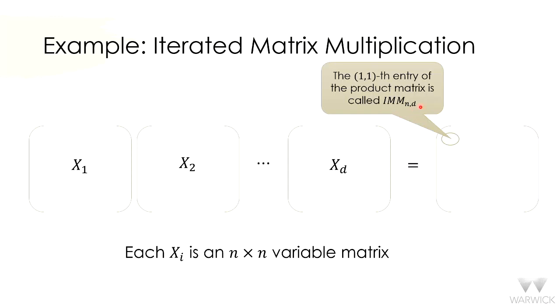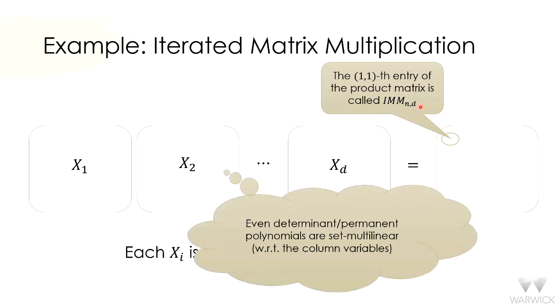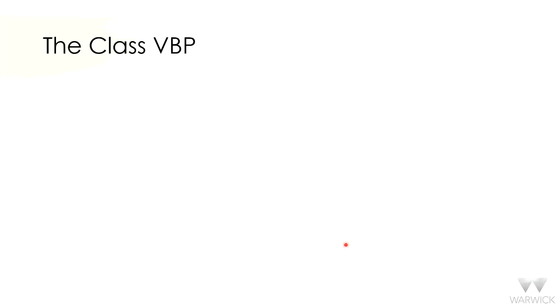So d is the degree of that polynomial. Notice that if you just consider one matrix, the determinant as well as the permanent, when thought of as polynomials, are set multilinear with respect to, say, the column variables or the row variables, right? Because every term in the permanent polynomial consists of exactly one variable from each row or each column. So just keep that in mind.